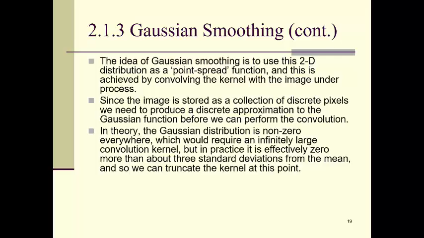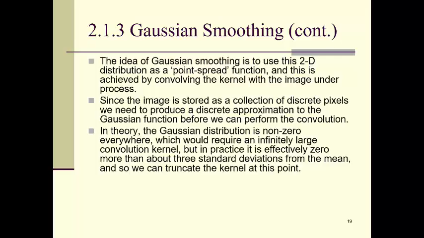In practice, it is effectively zero more than about 3 standard deviations from the mean. So if I have a standard deviation sigma, and I go away from the mean value by more than 3 times the standard deviation, the values of the distribution can be considered approximately zero. Okay? So here we say that in practice it is effectively zero.